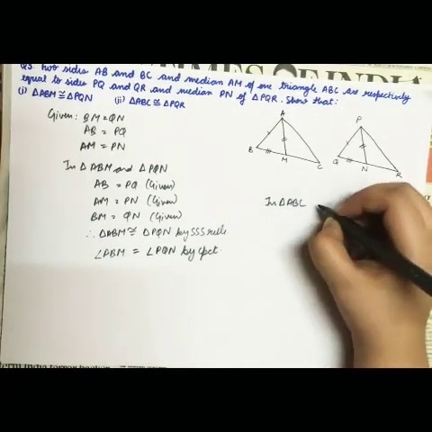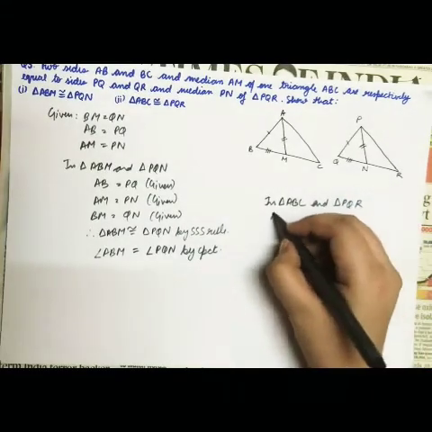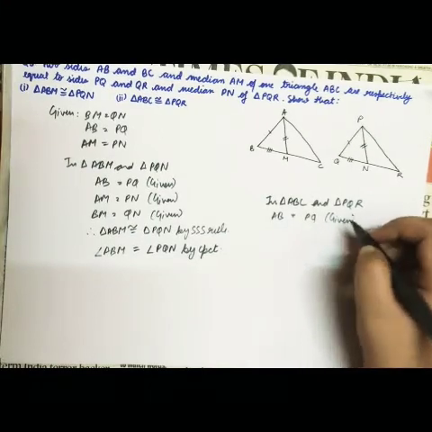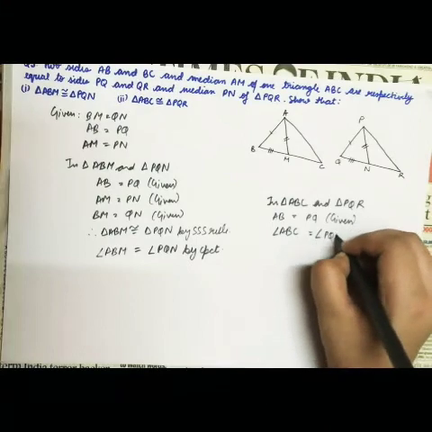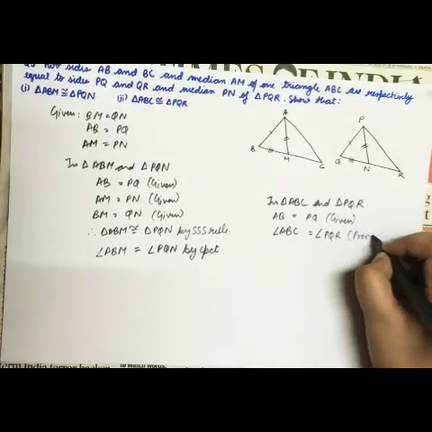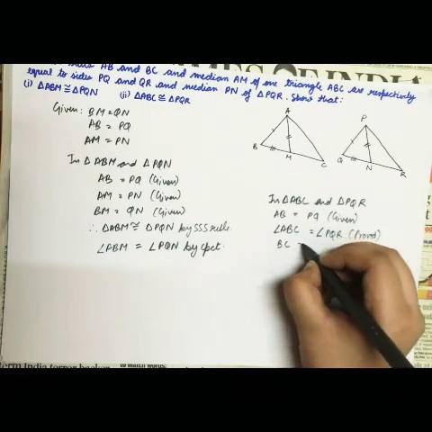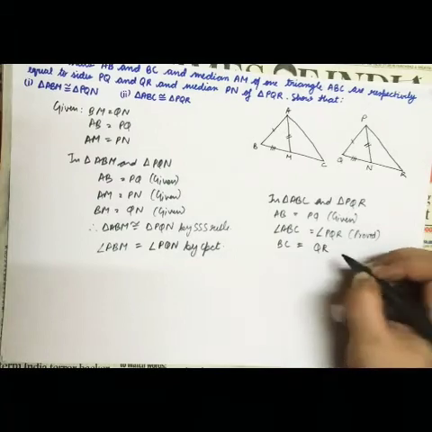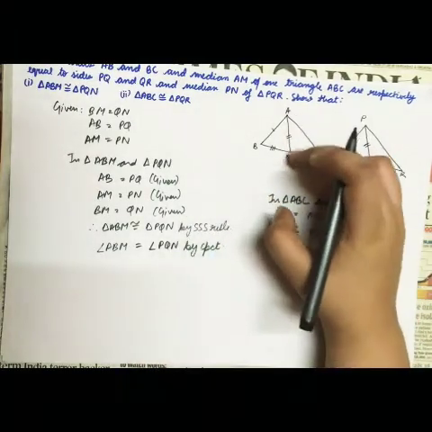So now in triangle ABC and triangle PQR, AB is equal to PQ, given, angle ABC is equal to angle PQR, which we have proved. Now BC is equal to QR because we can say that these are medians.